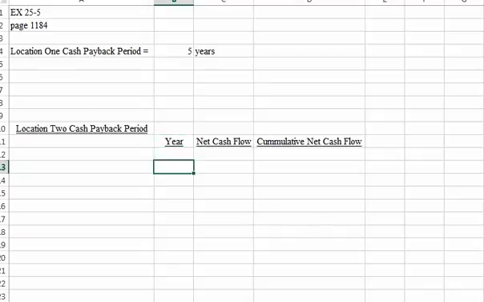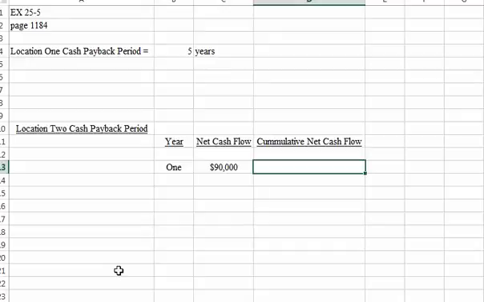Okay, and in year 1, the net cash flow for location 2 is $90,000. And this cumulative net cash flow column is just our running total of what cash flows have been since the ATM was located at this location 2.